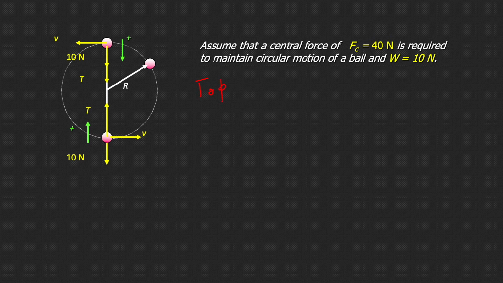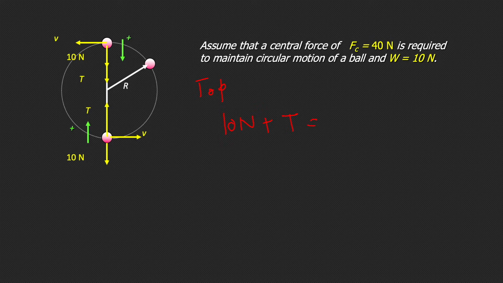we can say that the value of tension is given by 10 newtons plus the tension, since they have the same direction, so that's why we have to add 10 newtons and T. 10 newtons is the weight of the object, while the tension is the force applied by the string on the ball.